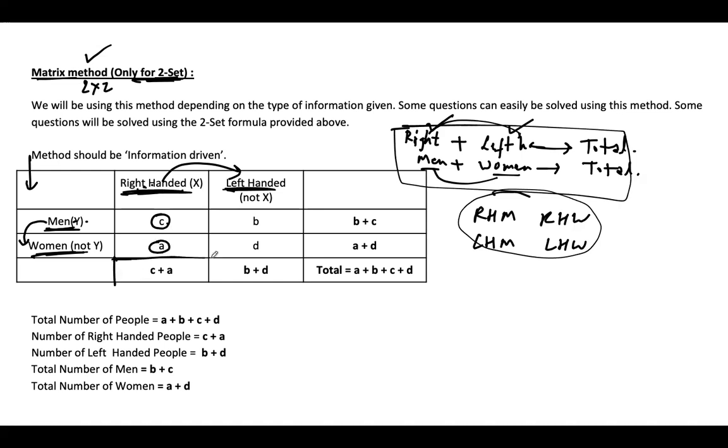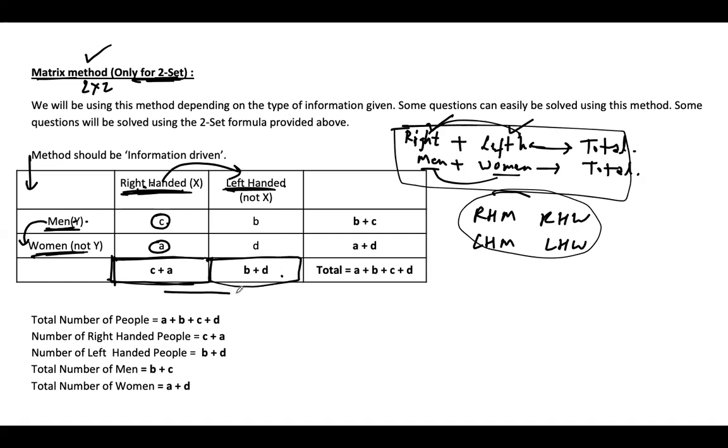And this box represents the right-handed persons in that town. Similarly, this box represents the number of left-handed people in that town. So right-handed plus left-handed is equal to total.